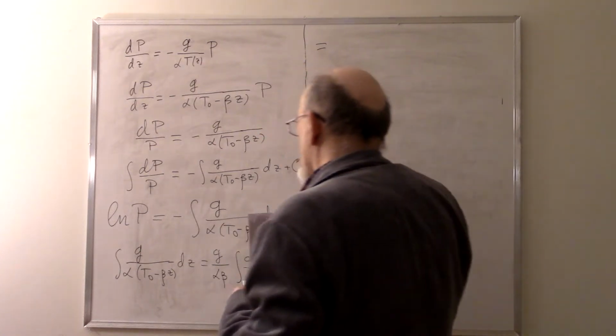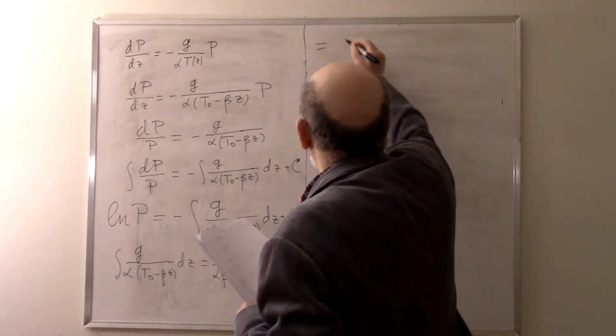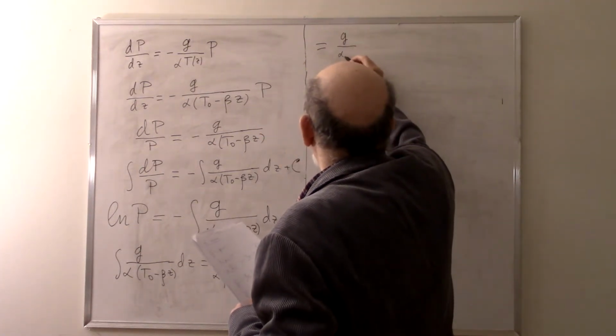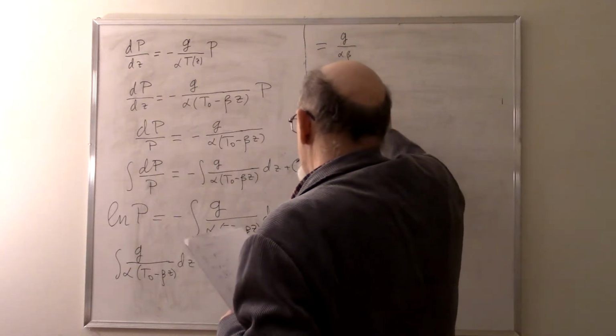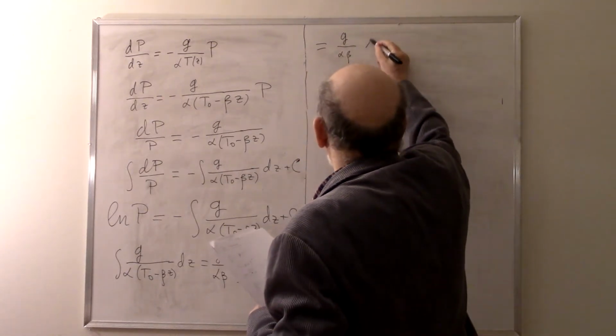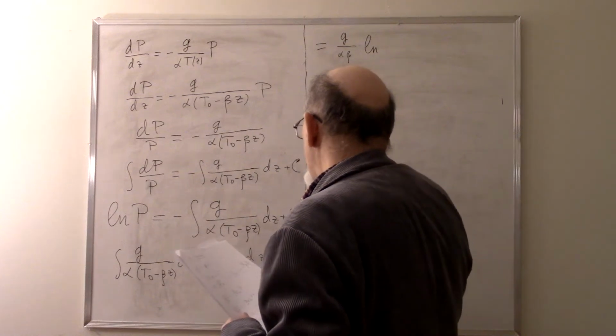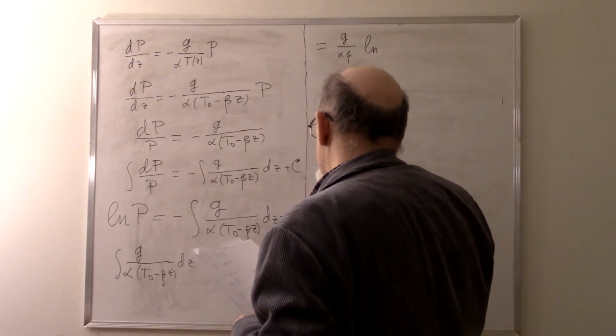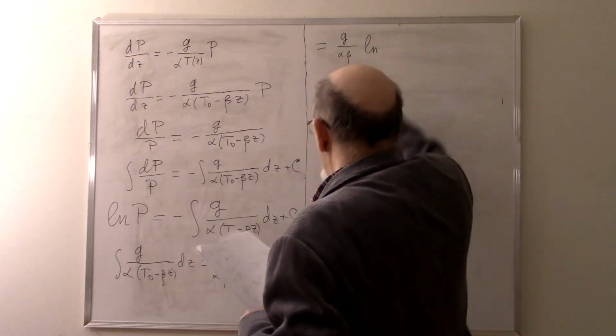Equals what? G over alpha beta times logarithm.